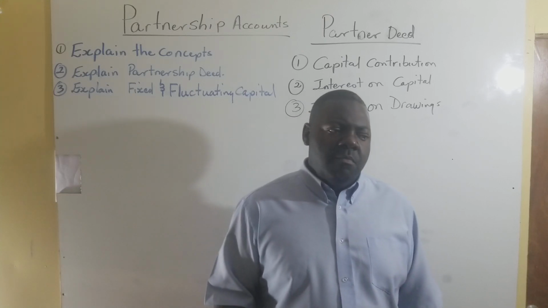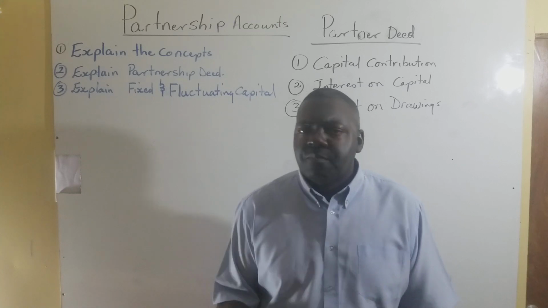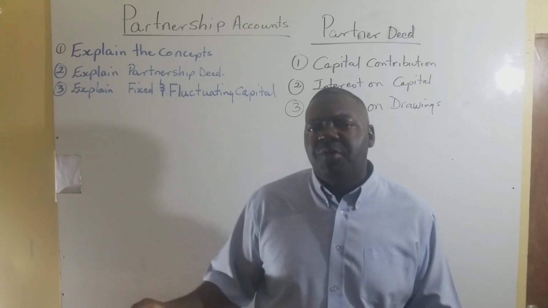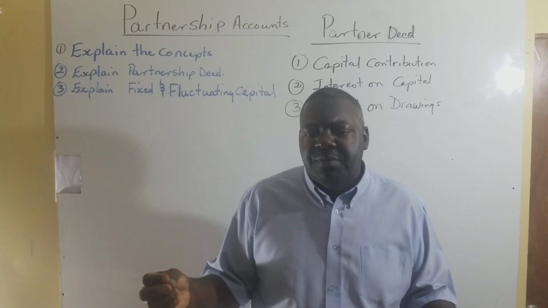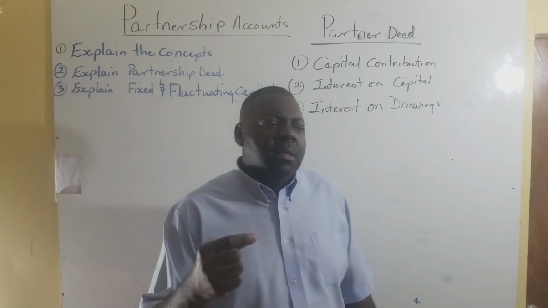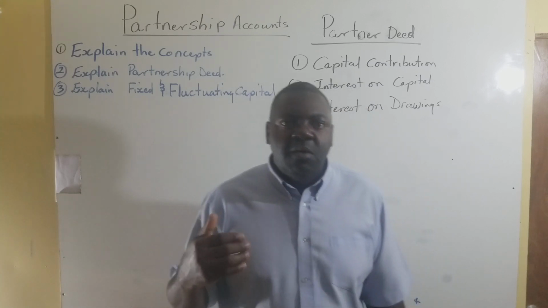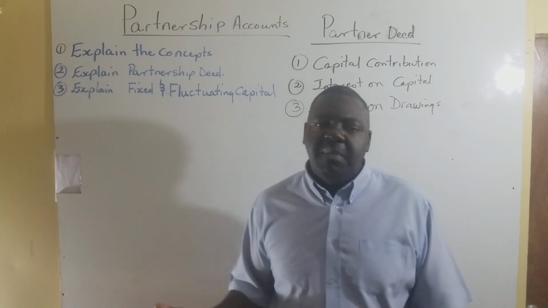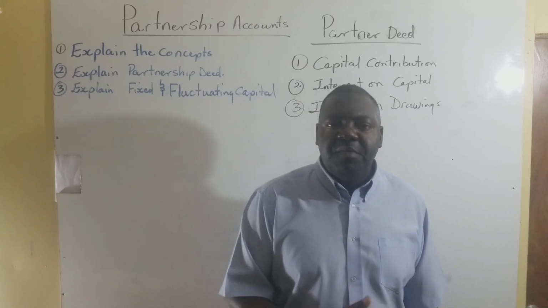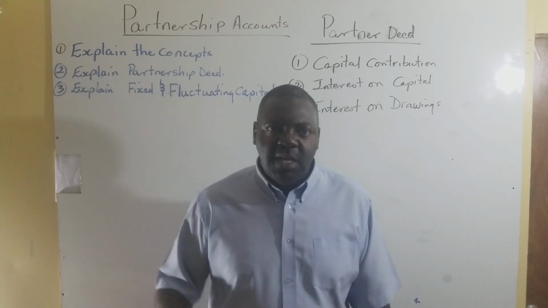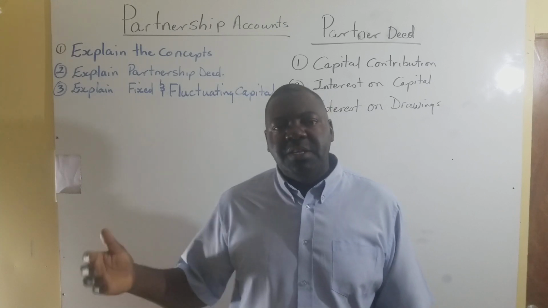So if, for example, we're operating a bakery and it's a partnership, and one of the partners decides to take one of the breads home for family, and he did not pay for it, that would be a drawing. He's taking it for his private use.